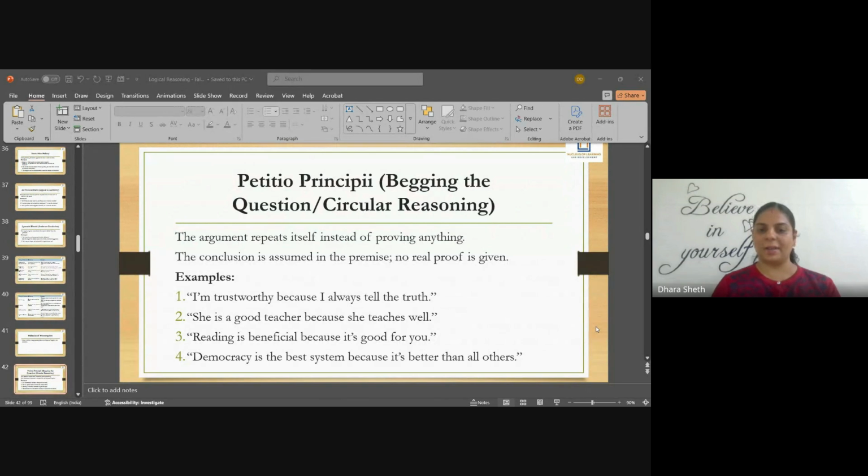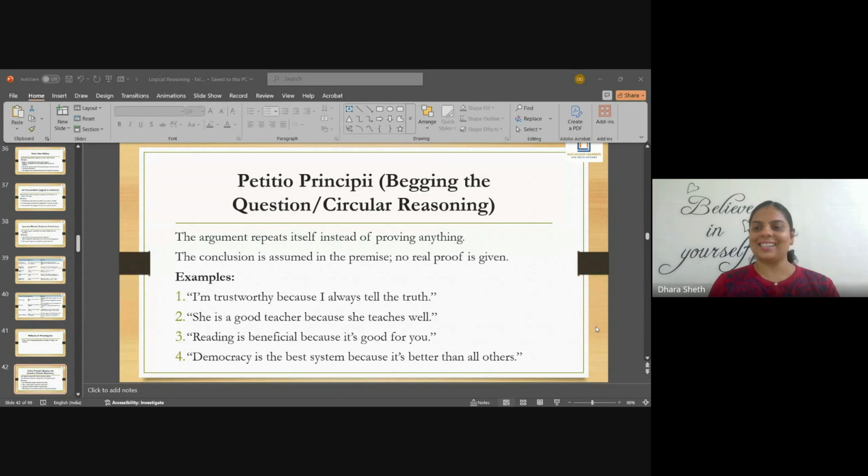For example, I am trustworthy because I tell the truth. She is a good teacher because she teaches well. This is circular reasoning. Because she teaches well, she is a good teacher. Reading is beneficial because it is good for you. These are the answers that we usually give to our children when they ask questions for which we don't have detailed explanations.